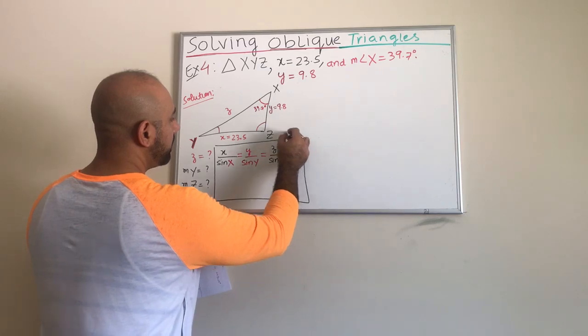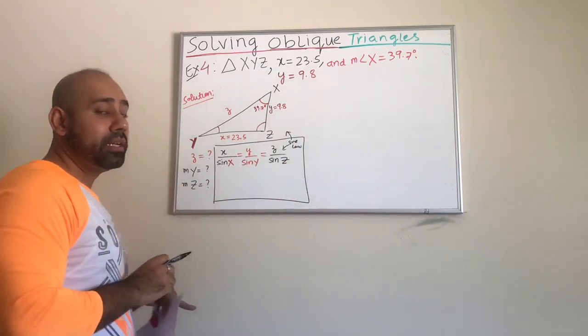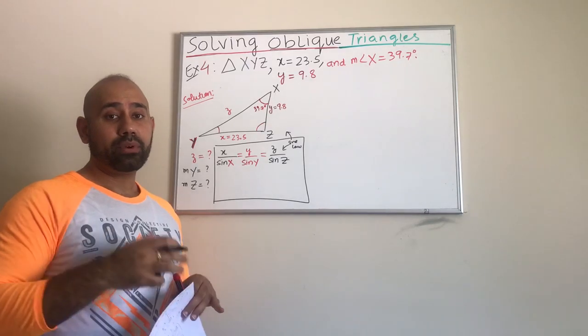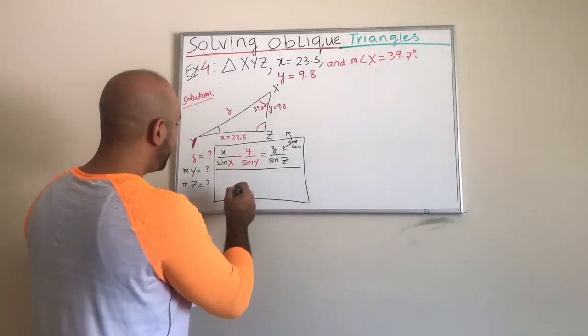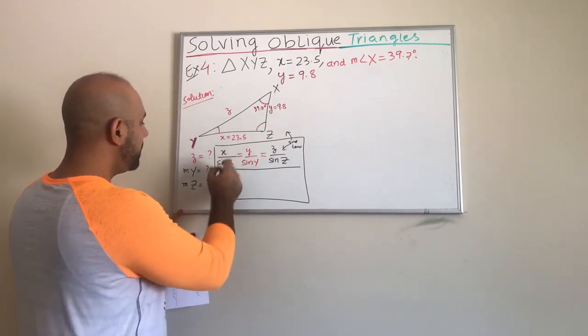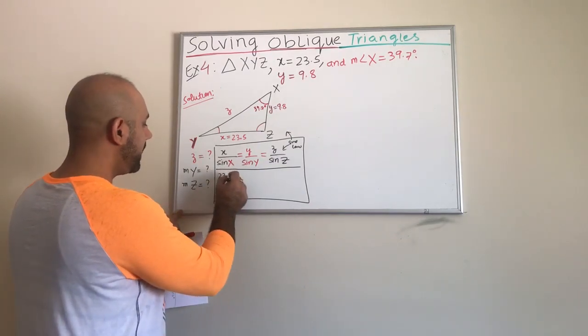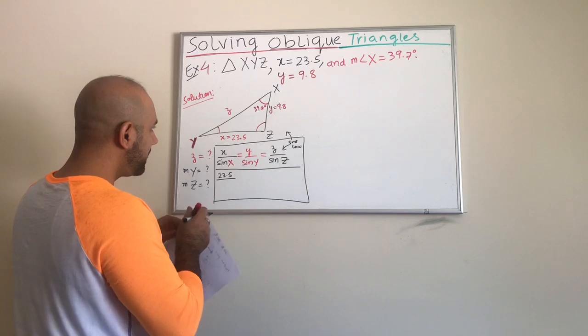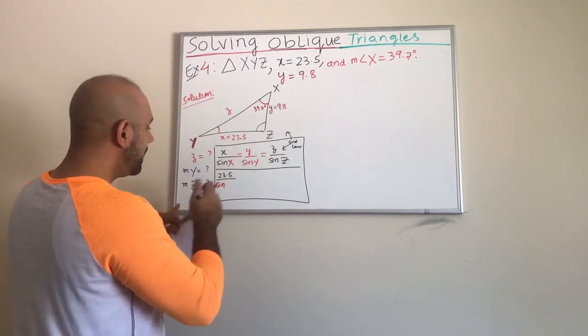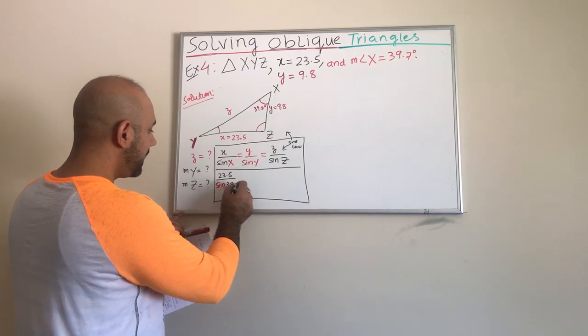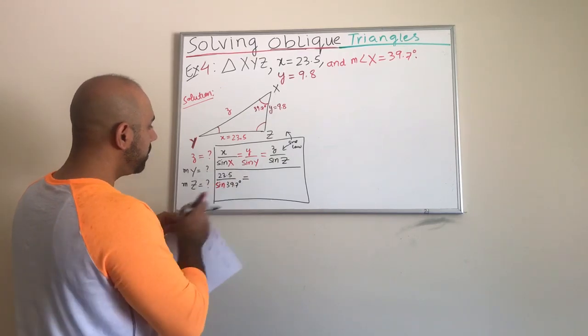So this is the sine law for this particular triangle, and now we are going to fill in the values that are provided, and from there we can see what is missing. X is already known, so it is 23.5 divided by sine of 39.7 degrees, and this is equal to y.